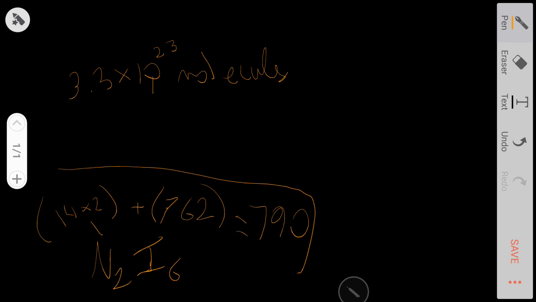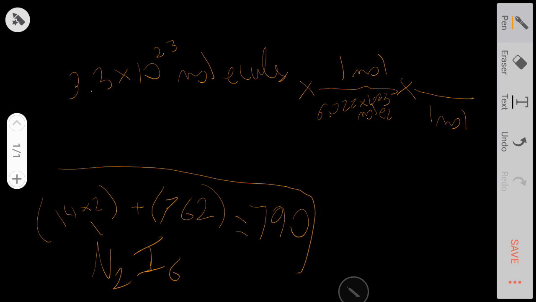So I have 3.3 times 10 to the 23 molecules. To get rid of molecules, I put it down. In 1 mole, I have 6.022 times 10 to the 23rd. And in 1 mole here, I have this big number, 790.